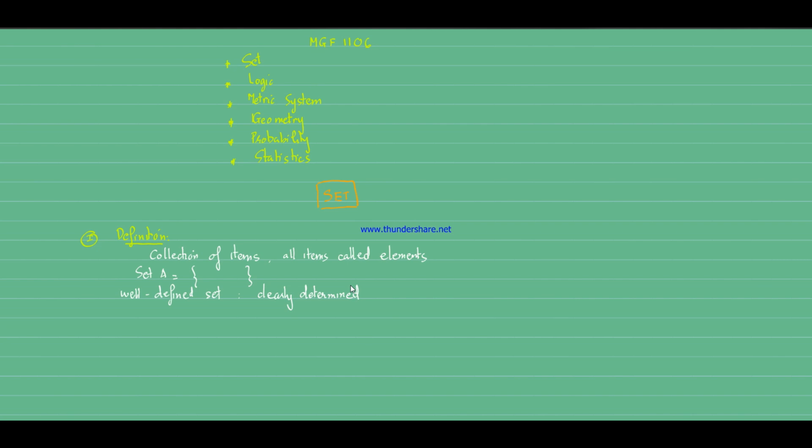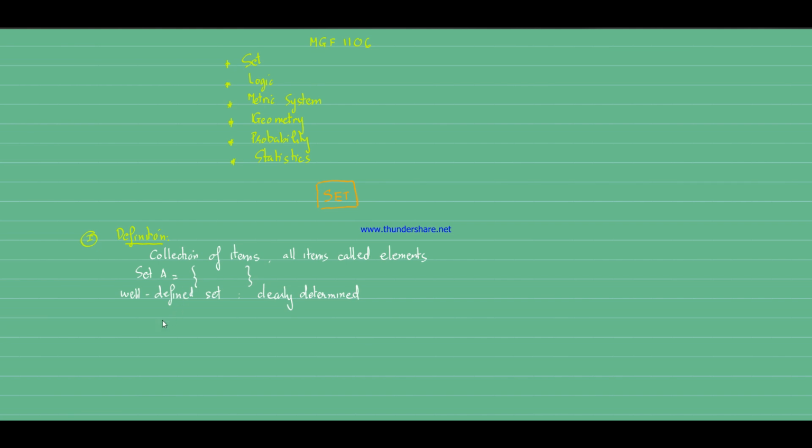For example, some of you don't like Asian food, or some Asians don't like Italian food. So a set of good food is not well defined, because we don't know exactly the definition of good food. It depends on the person, so that set is not well defined.